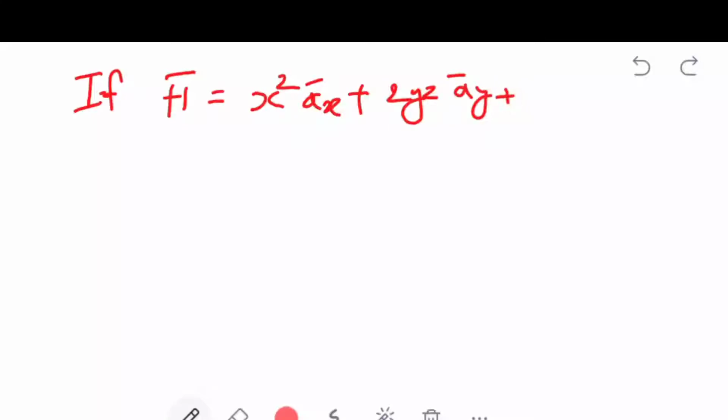Write down the problem: if H bar equals x square ax plus 2yz ay minus x square az amperes per meter.